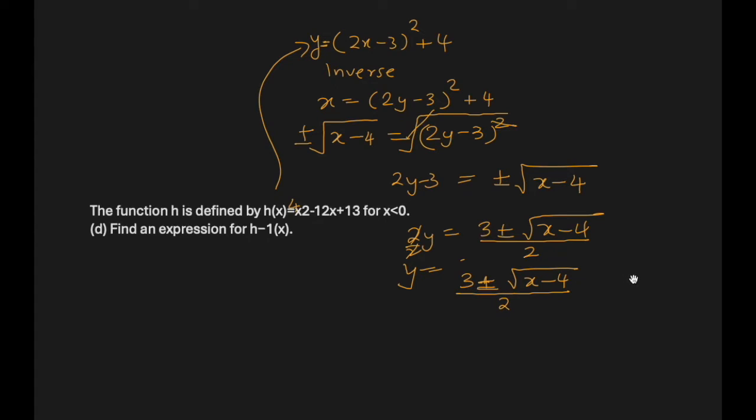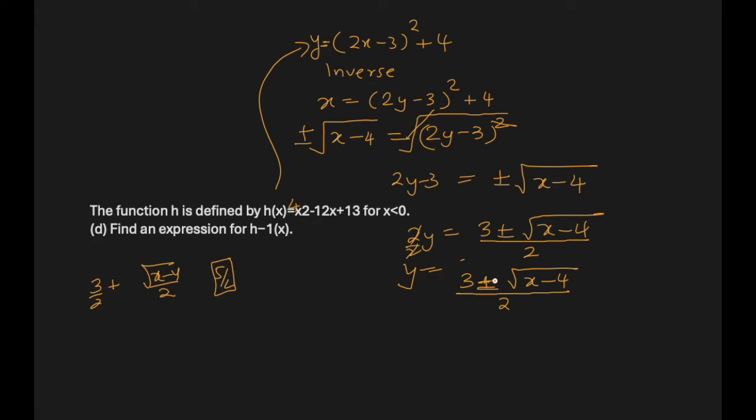If I do 3 over 2 and plus the square root of x minus 4 over 2, some big values of x will cross 5 over 2, because that was our upper limit.